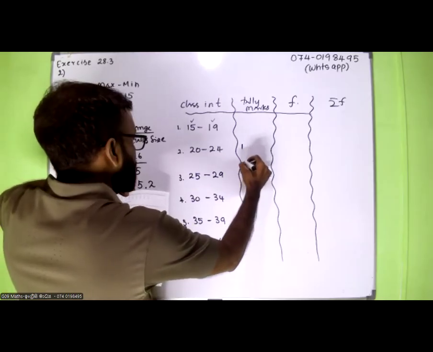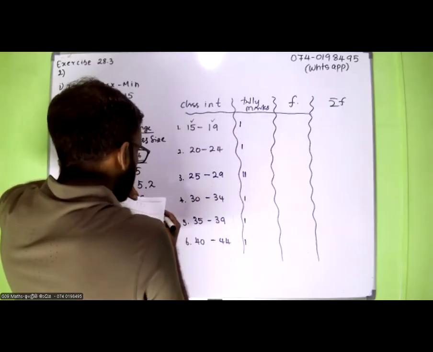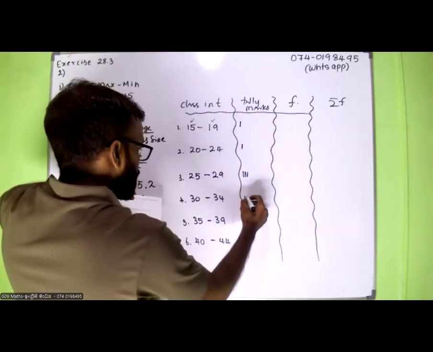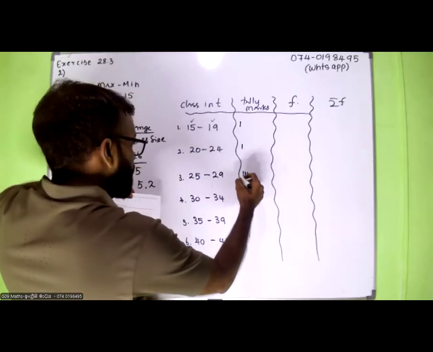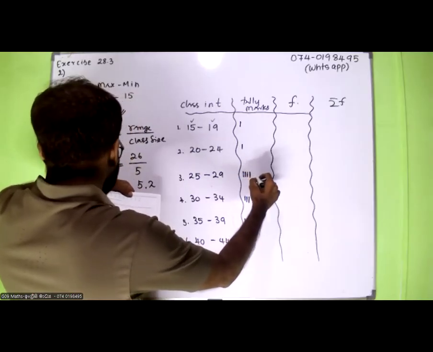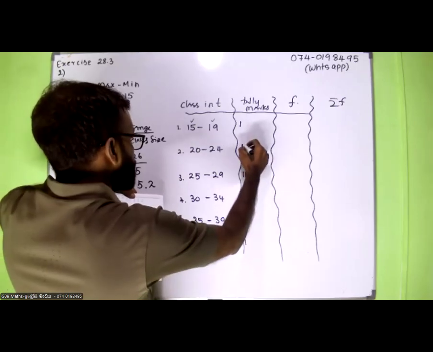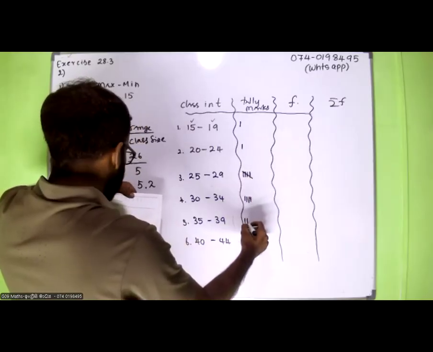Here 15 here. 29 is here. 33 is here. 32 here. 29 here. 32 here. 25 this one. 36 this one. Can write.